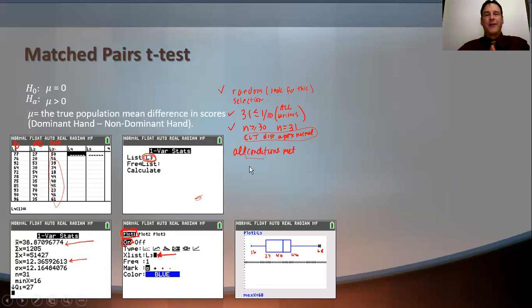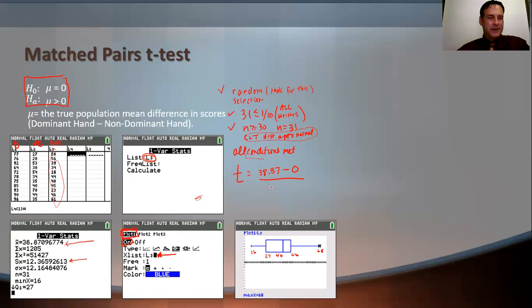All right. Now, typically, with this information, I can make my t. T is my x bar, which is 38.87, minus the mu. Now, remember from the previous slide, and I rewrote it up here on the top left, our null is 0 for our population.